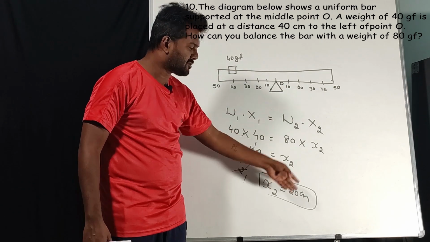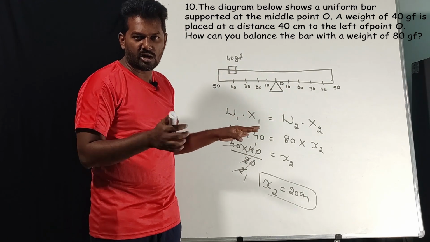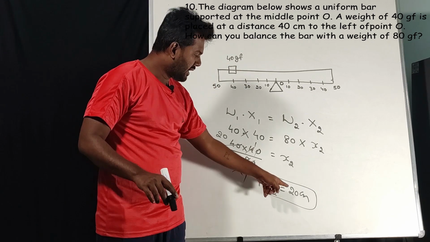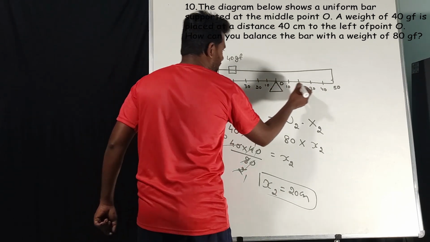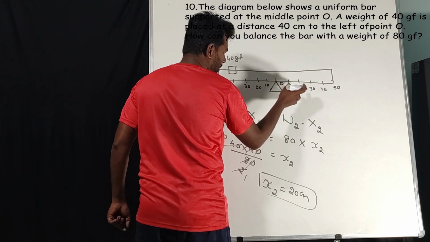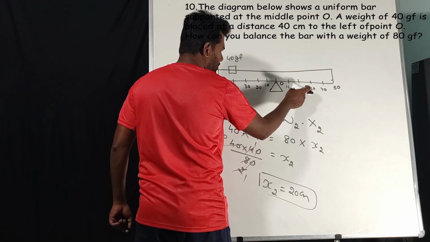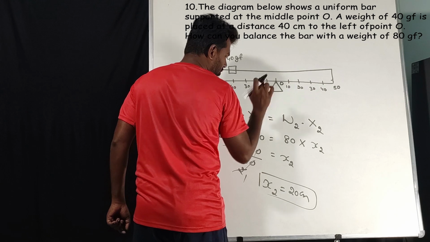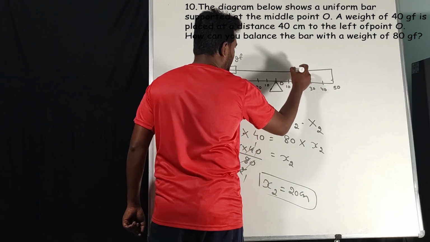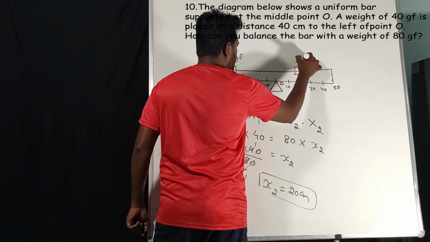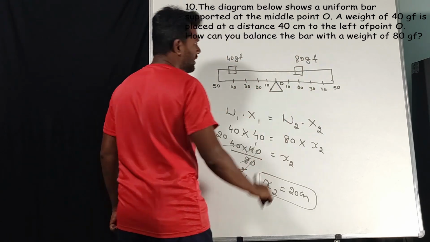See, for this question it is matching again; for previous questions it will not match. So 20 centimeter is the distance from the pivoted point to the load. From here to here 10, from here to here 20. So you have to place 80 gf exactly at 20.